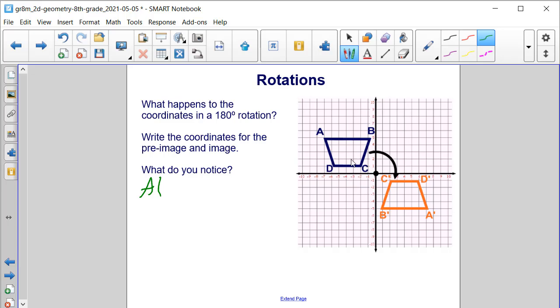Coordinate for point A is at -7, 5. B is at -1, 5. C is at -2, 1. And D is at -6, 1.